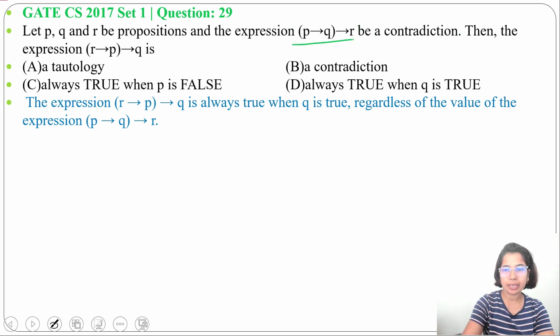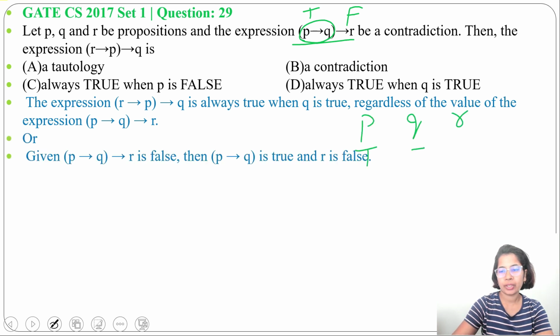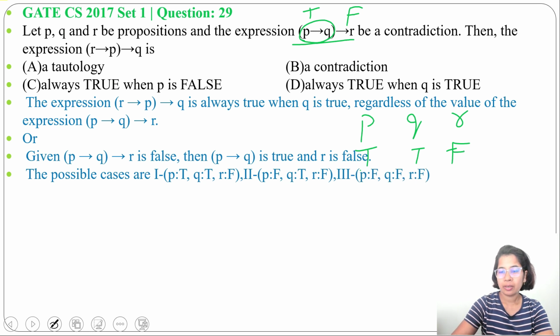So let me consider this as false, like P implies Q, whole implies R. This will be false when R is false and P implies Q is true. So there can be three cases. P true, Q true, R false: true implies true is true, then true implies false is false. Or P false, Q true: false implies true is true, true implies false is false.